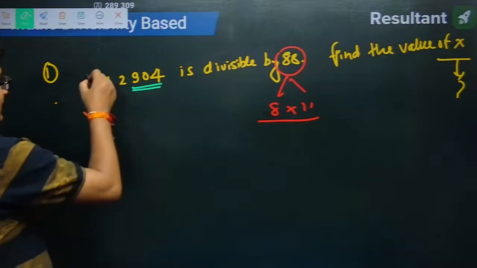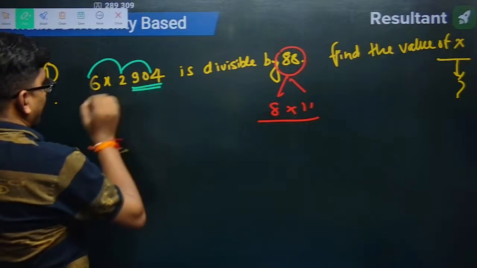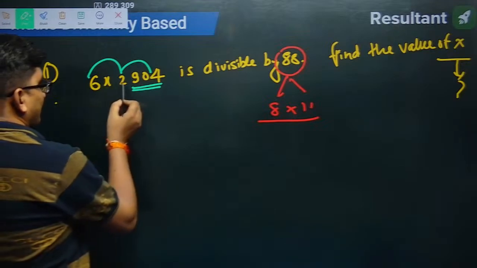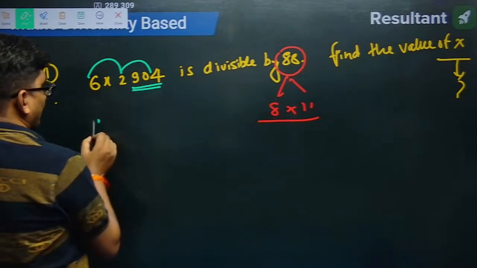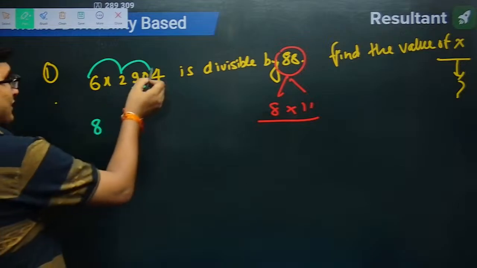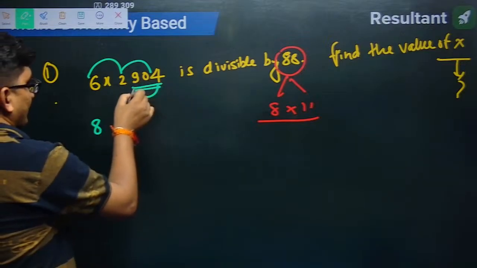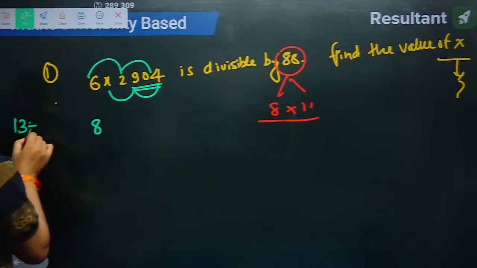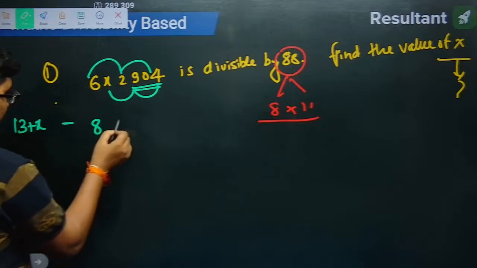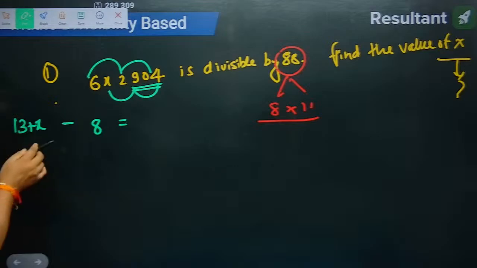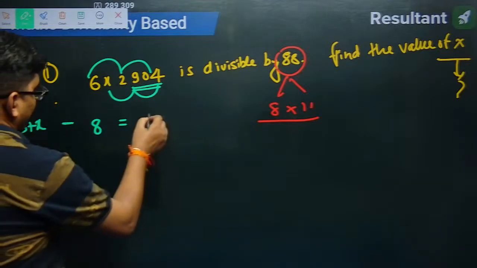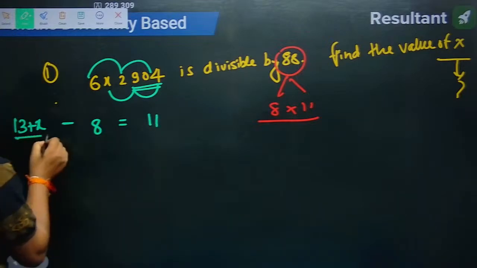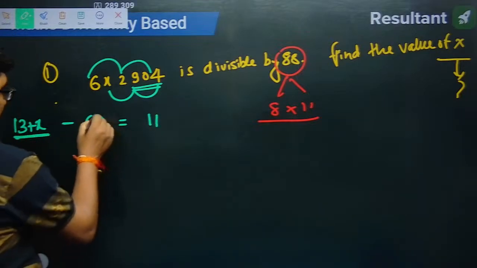So now add x with 2 there, then 6 plus 2 is 8, and it becomes 13 plus x. So the difference cannot be 0, but you can create 11. From what value can we subtract 8 to get 11?